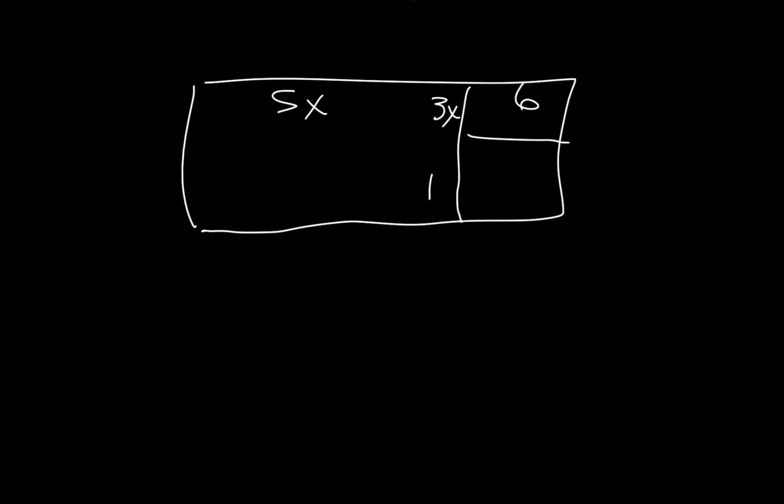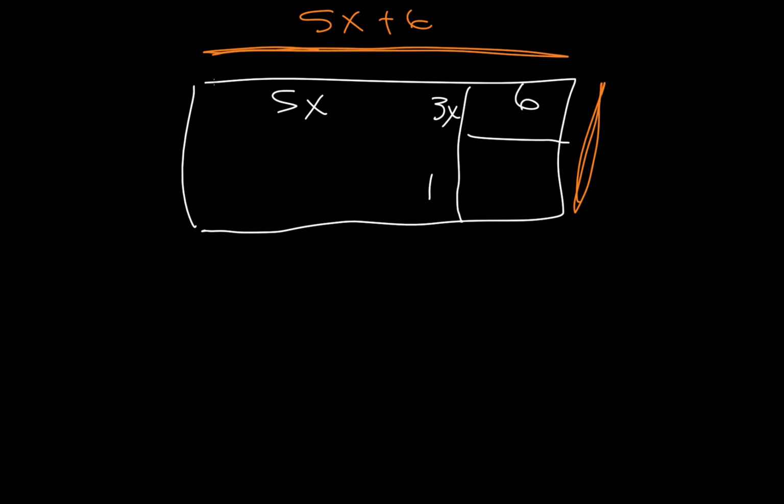So the first way I'm going to do it, I'm just going to take the length times the width. So the length of this is actually 5x plus 6, because it's 5x and then 6 more. The height of this is 3x plus 1. To find the area, we just multiply those together.